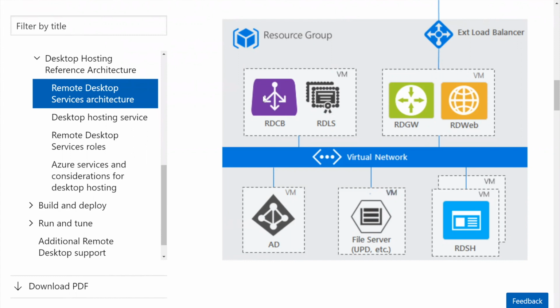RDS collections is a term within the RDS nomenclature and RDS deployment architecture. And an RDS collection is something you generally would open up the Remote Desktop Services Management Console as part of the Server Manager tool in Windows. You would then create a new collection.